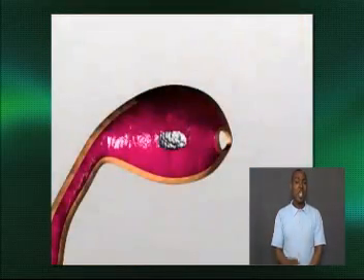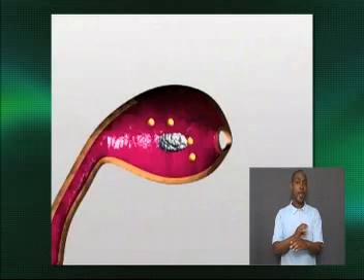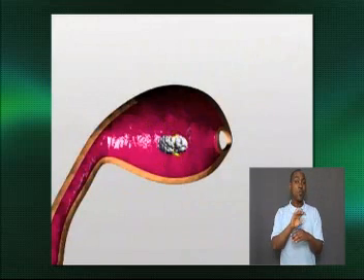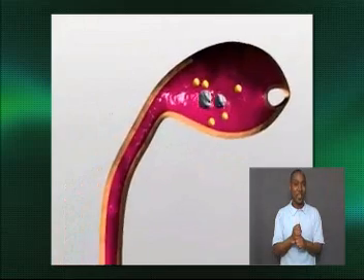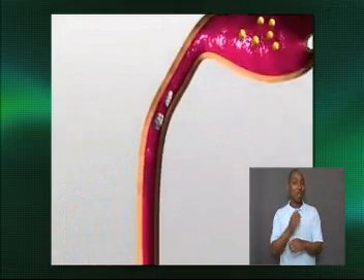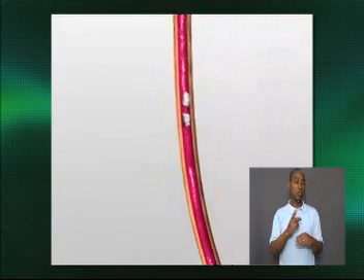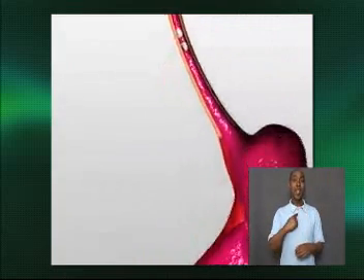Intracellular enzymes work inside of cells, while extracellular enzymes are secreted into organs, such as the gut, where they catalyze certain reactions. Digestive enzymes are extracellular.